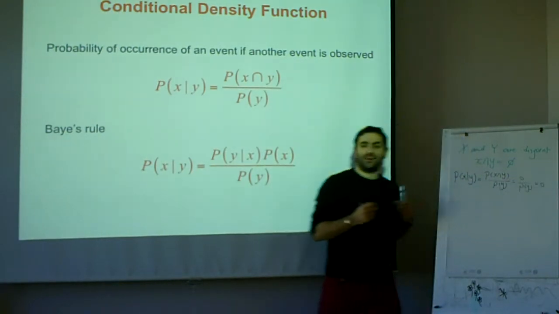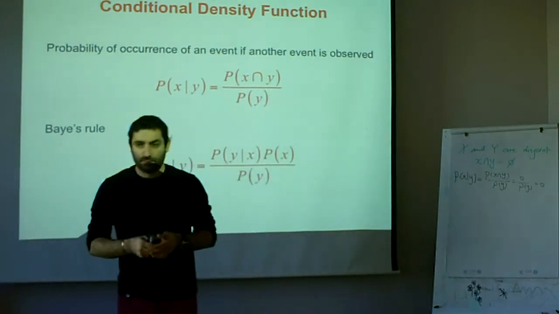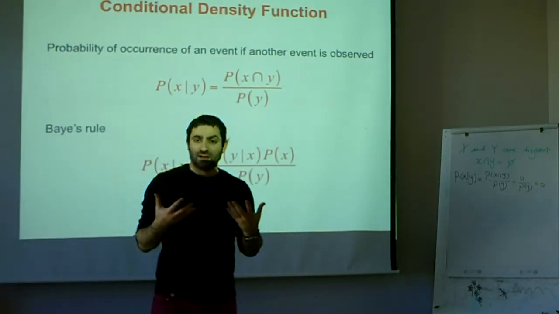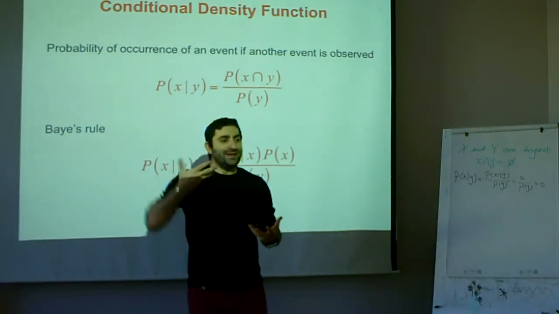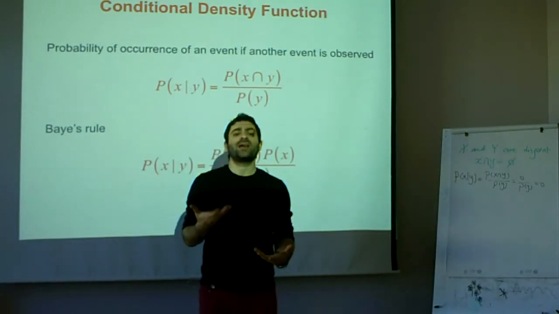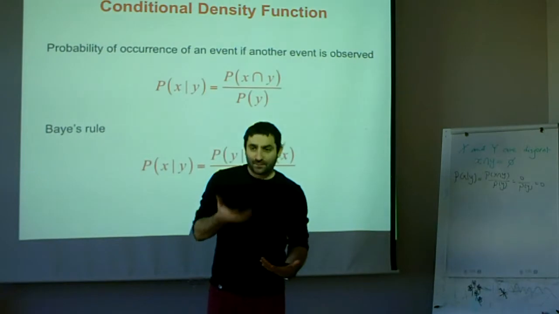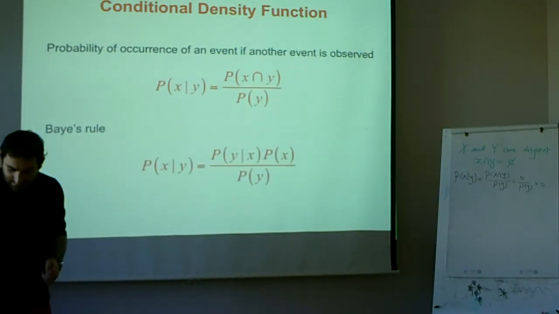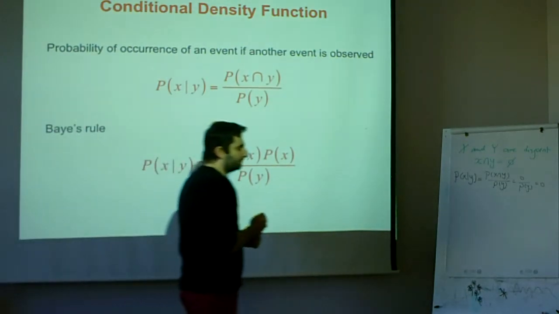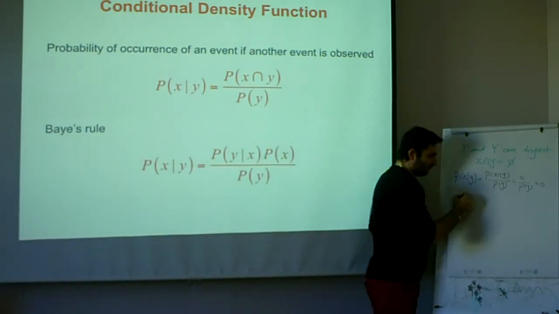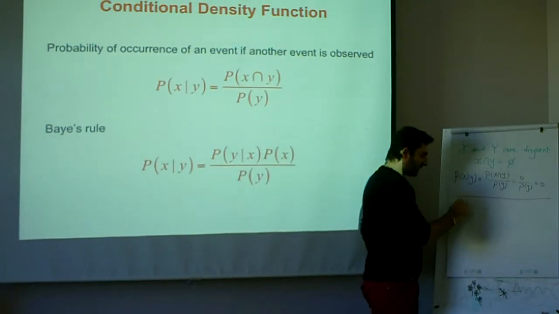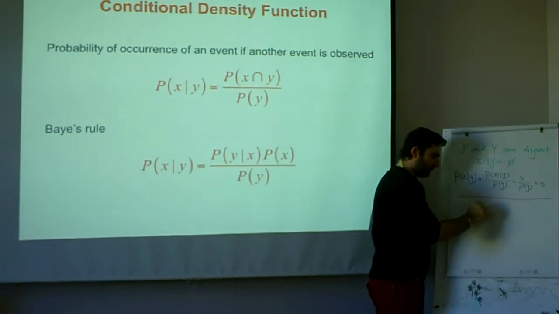This is how mathematically we prove it. But we can understand it that if they are disjoint, X given Y cannot happen, because if Y is happening, X will not happen. Now, let's look at this. The conditional probability in general is given in this form.